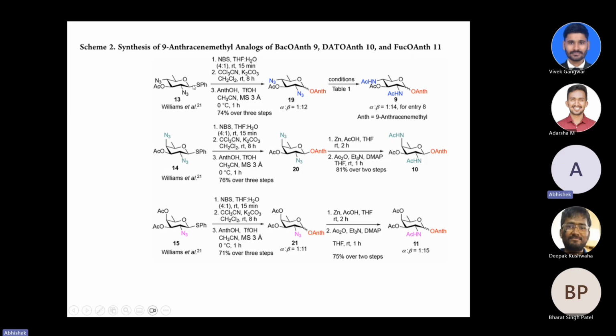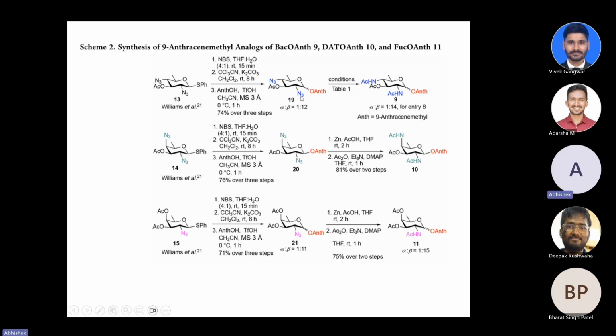He followed the same reaction scheme as in the case of the naphthyl derivative molecules, starting from this 13, he converted into hemiacetal, then further converted into TCA donor and did the reaction with 9-anthracene methanol, taking it as an acceptor to form this anthracene glycoside product in the ratio of alpha to beta 1 to 12.